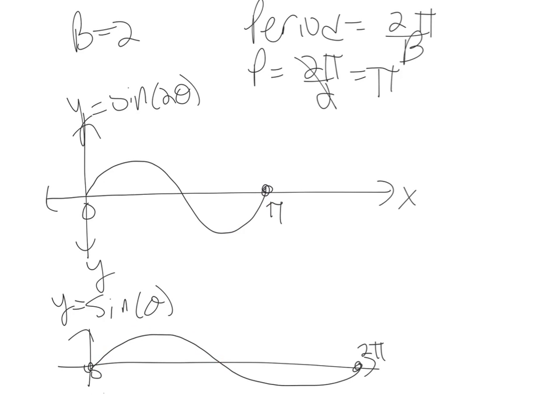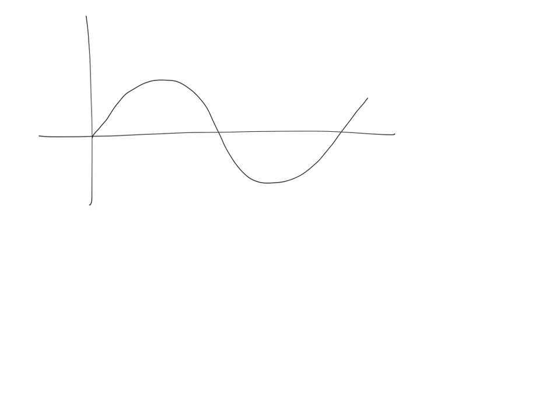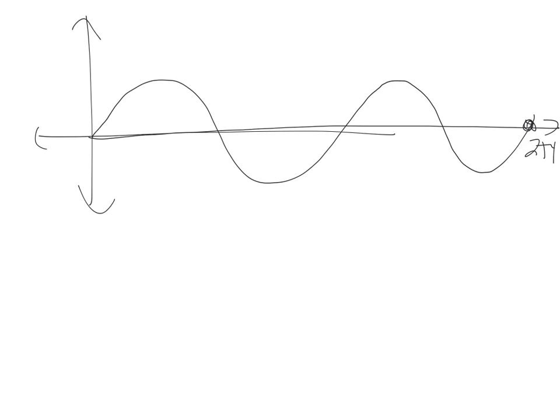Here, I only do half a revolution between 0 and pi, which means that I would actually complete 2 revolutions between 0 and 2 pi. So this is actually 2 full revolutions between 0 and 2 pi.